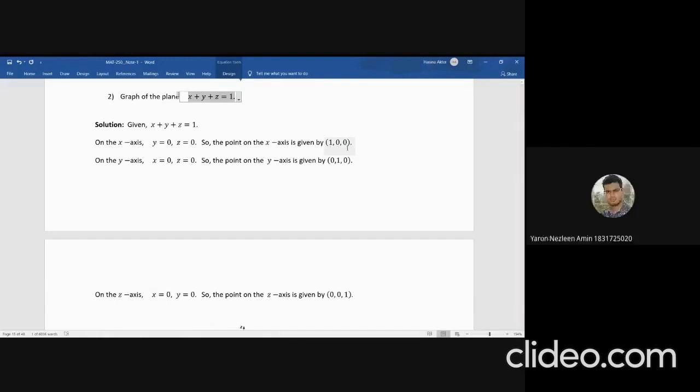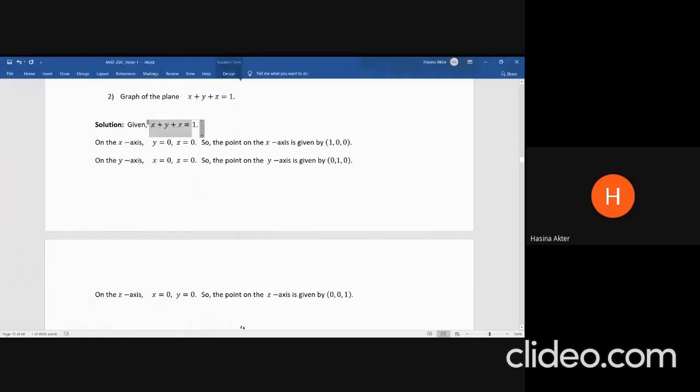Yes miss. Class? Miss, you said before that y and z will always be 0 on the x-axis? Yep, always. X and z are 0 on the y-axis, always. So on the y-axis, x equals 0, z equals 0.